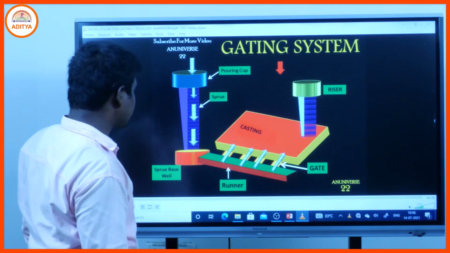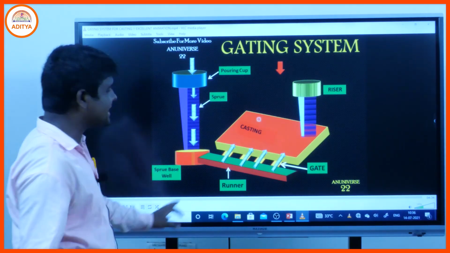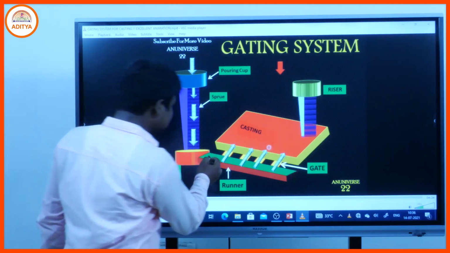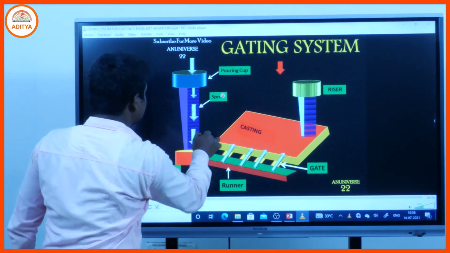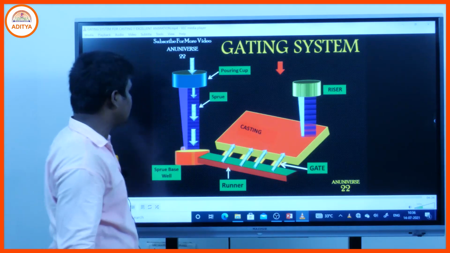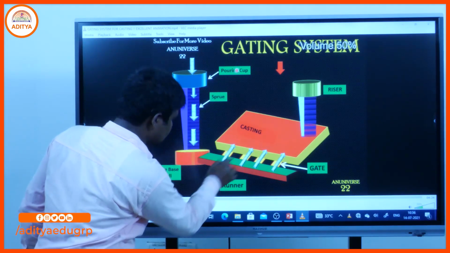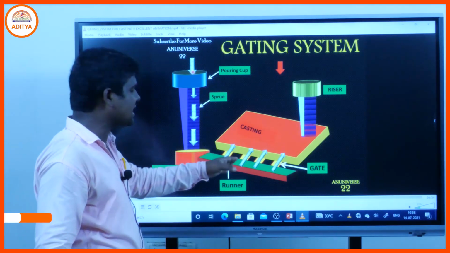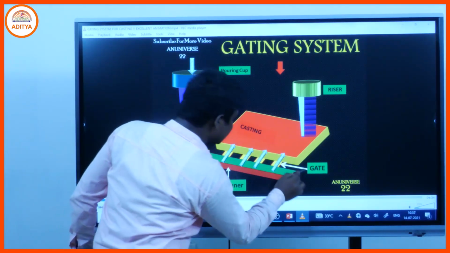So in the gating system we have seen that this part is the runner, and that is the sprue, and that is the pouring basin, or pouring cup, and that is the sprue base well, and that is another gate. From the runner the liquid metal comes to the mold cavity through the gate.